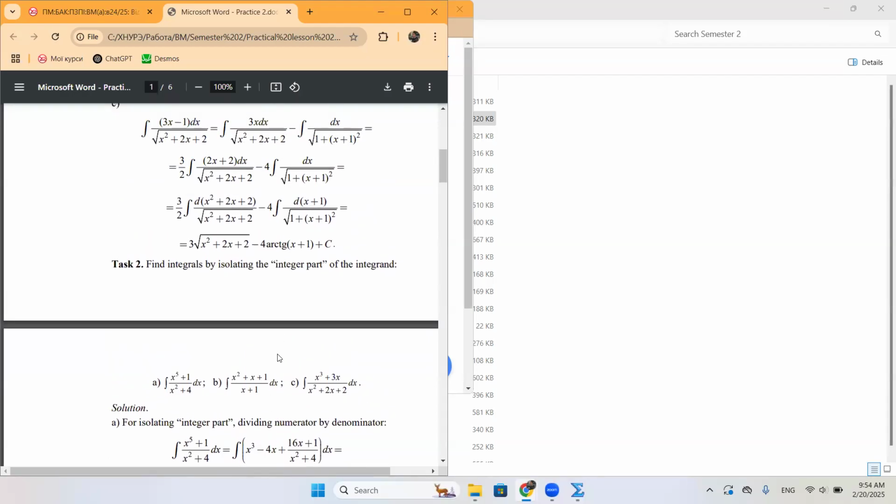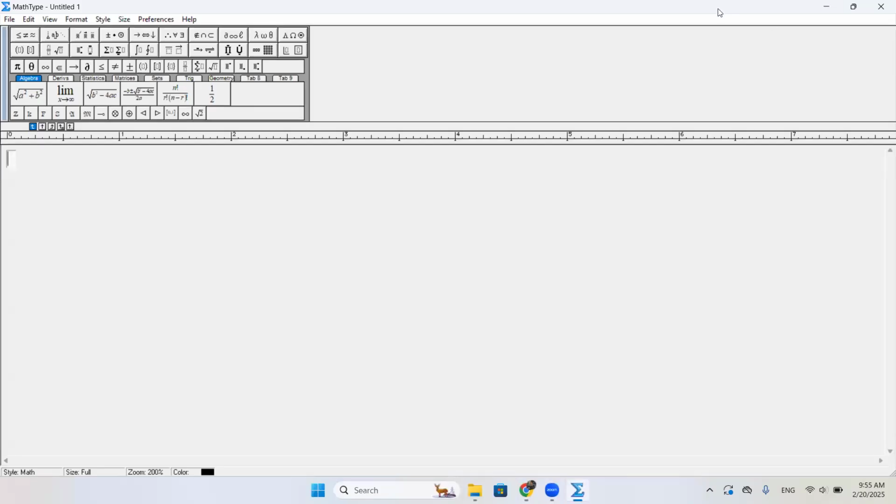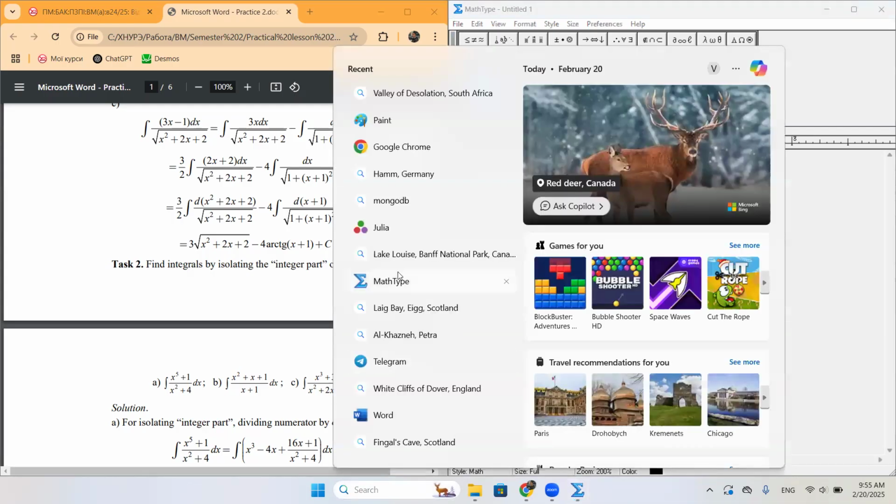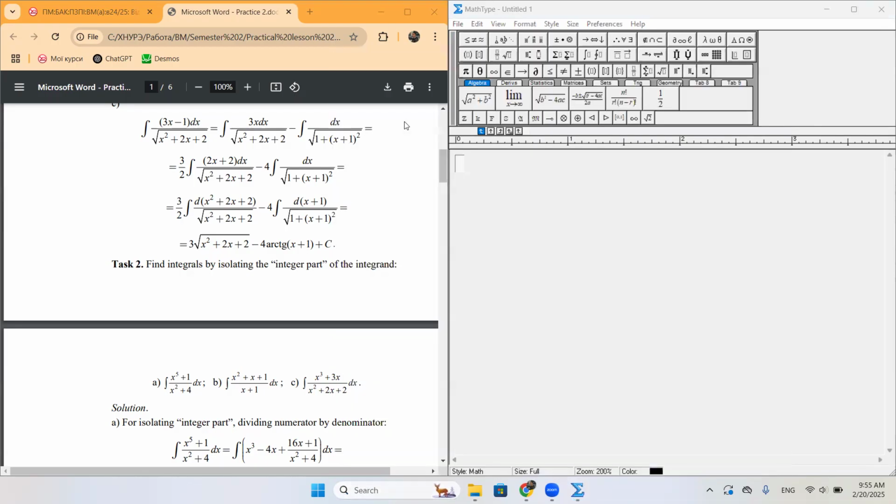And this is like an irregular fraction. Actually, if the degrees of numerator and denominator are equal, this fraction is also irregular, so an incorrect fraction. So we need to isolate the integer part of the integrand, and then we will be able to integrate it.